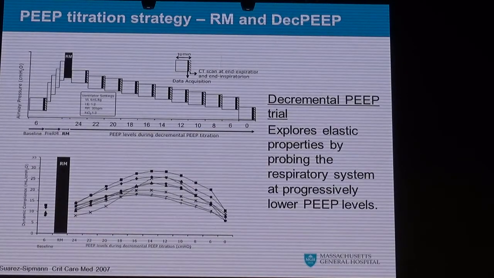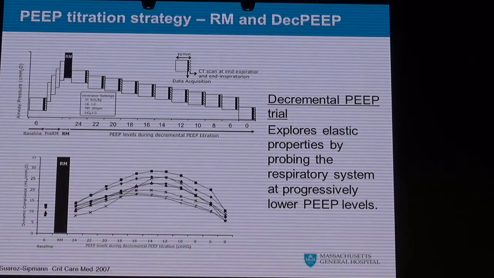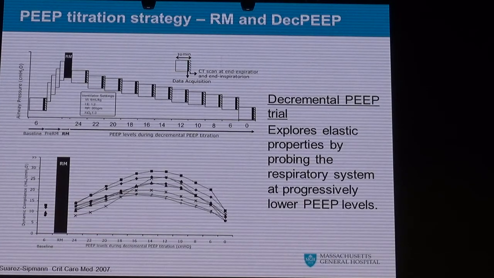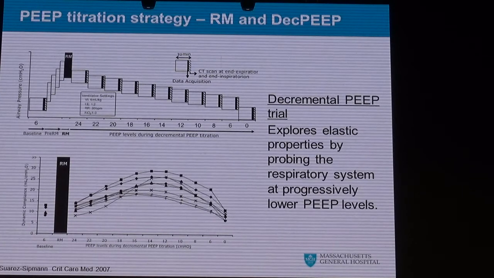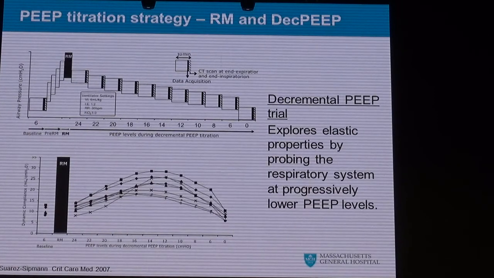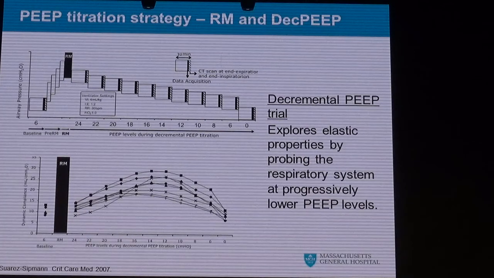How did we perform recruitment? Here everybody has their own recipe, but for ICU patients who many times are on pressors and we want to be very gentle, we use pressure control ventilation, and we give 10 breaths per minute, 3 seconds of inspiratory time and 3 seconds of expiratory time, and we increase PEEP from 15 to 35, which means plateau pressures of about 50 or 55 maximum.